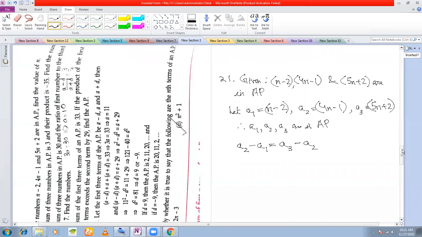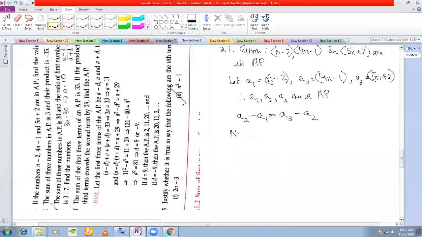Please note, you can also use this, that if a1, a2, a3 are in AP, you will require this in your higher classes, although this is not mentioned much here. But if three terms are in AP, then we write A2 minus A1 is equal to A3 minus A2.